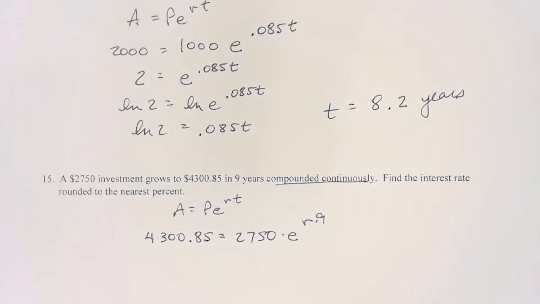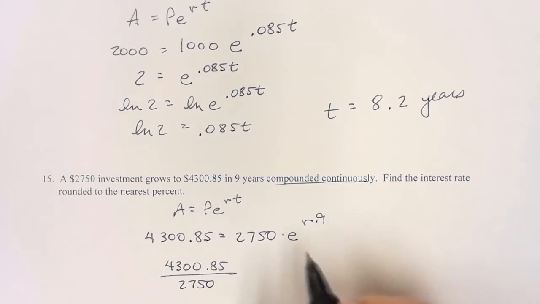So instead of looking for time here, we're looking for interest rate. And like in the prior problems, I'm going to divide both sides by 2750. It's not a nice fraction. It's actually not a nice decimal, but I do not want to round.